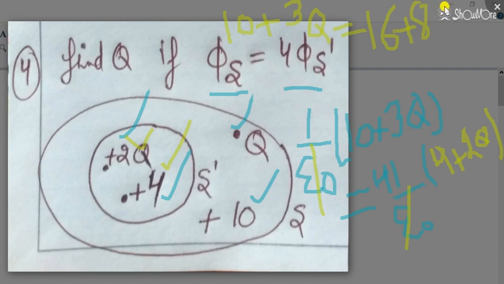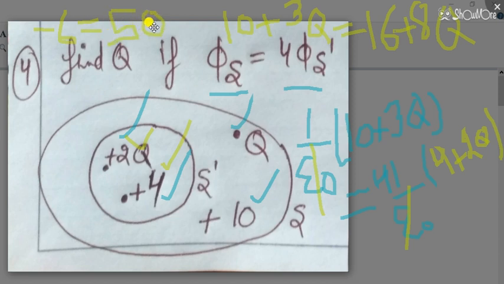If you solve further, 8 minus 3 is 5, and 10 minus 16 is minus 6, equal to 5q.